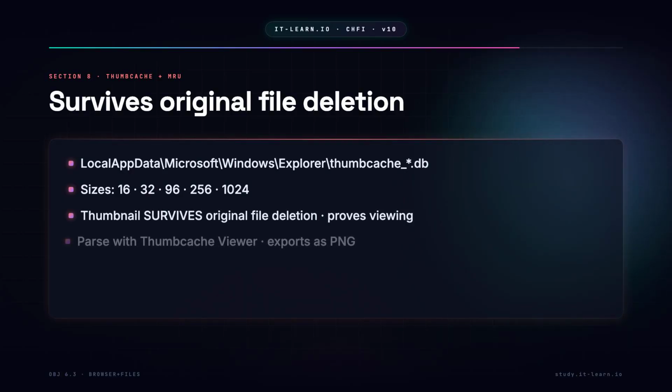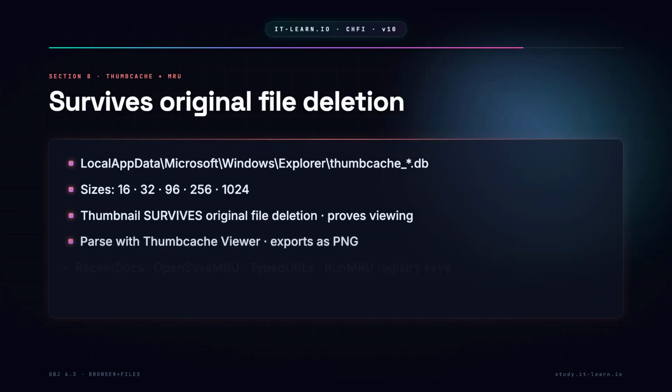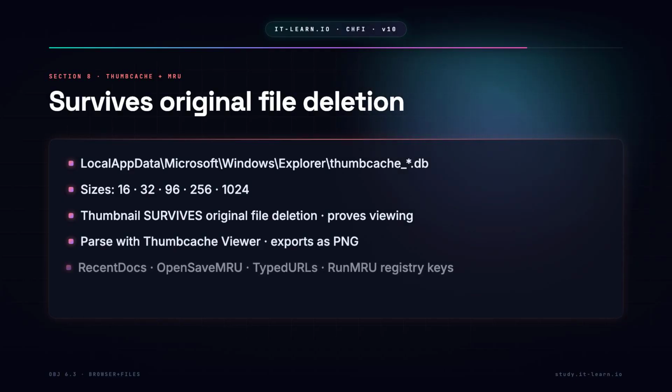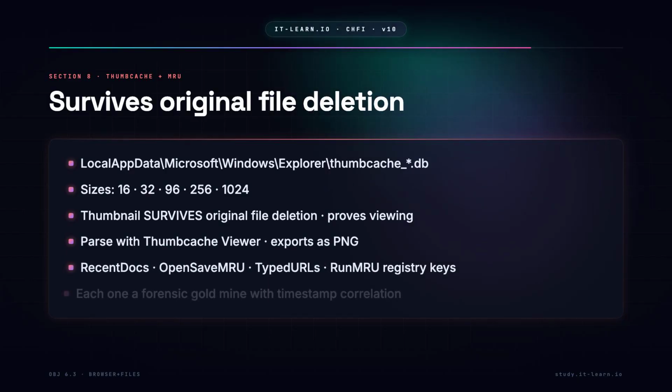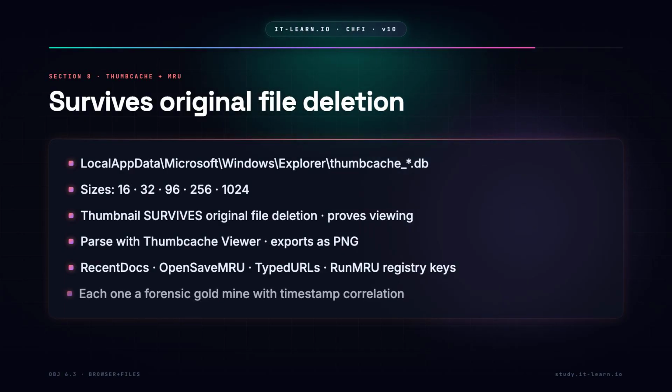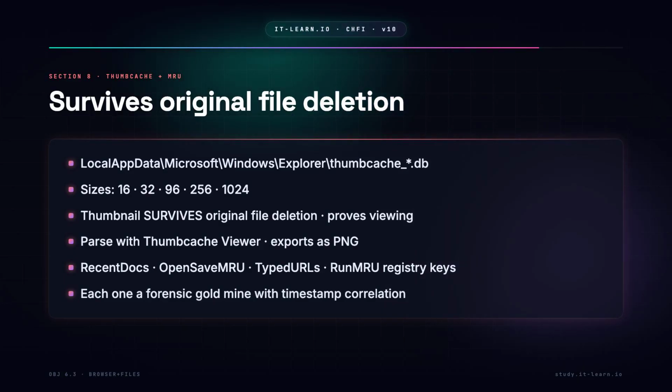Forensic significance: the thumbnail of an image survives even after the original file is deleted. Proves the file was present and viewed. May recover thumbnail previews of incriminating images that are gone from disk. Parse with Thumbcache Viewer, which extracts thumbnails as PNG.